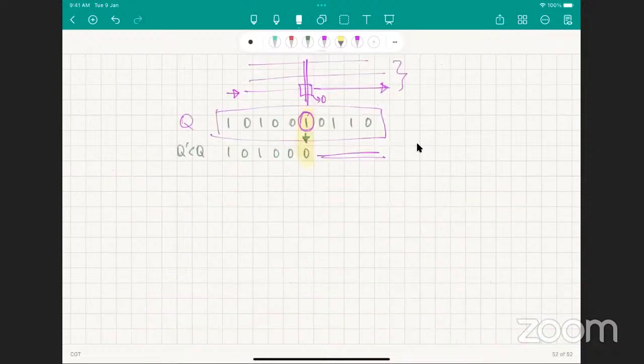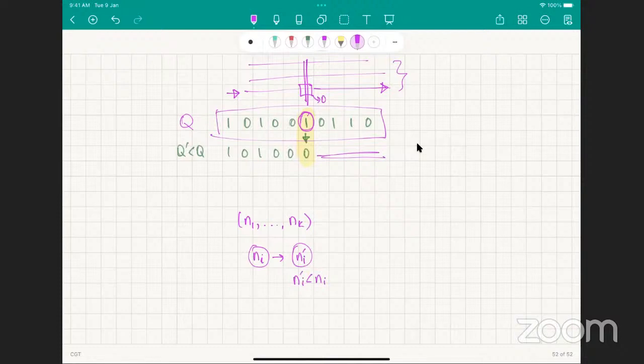So if your current game is a collection of nim heaps N1 through Nk, then you can pick any of the Ni's and change it to something that is less than Ni. So essentially, you do have summation Ni many moves, I believe.